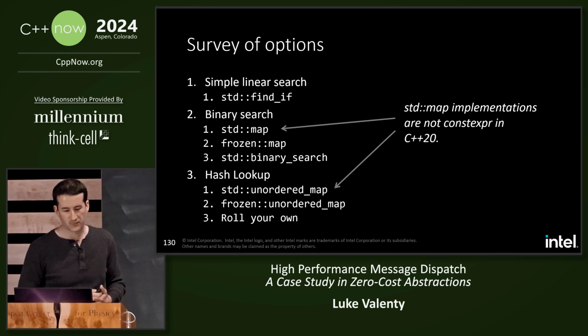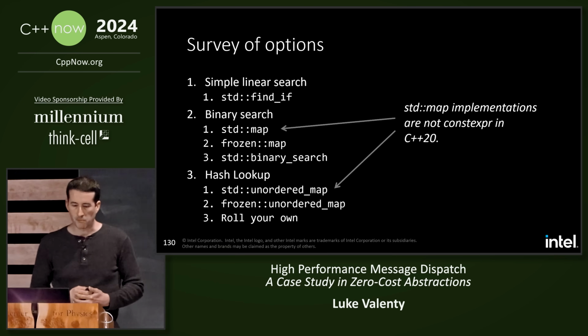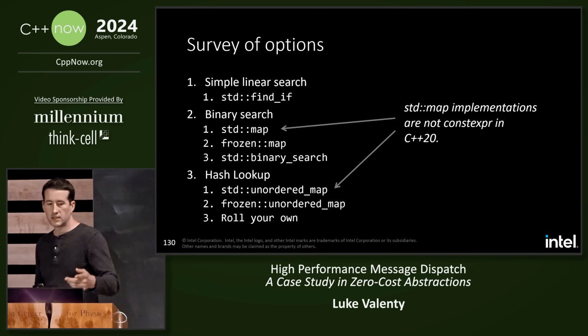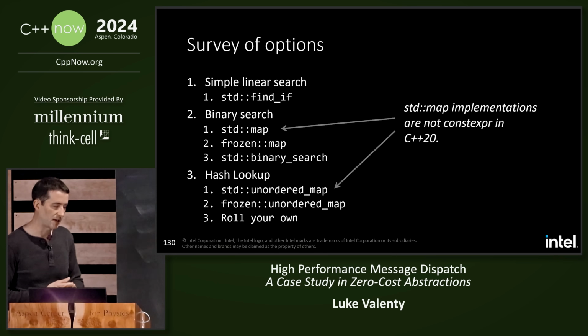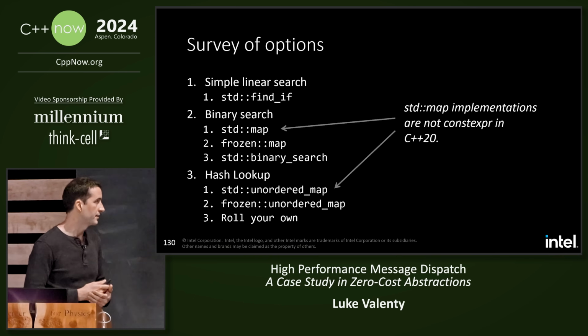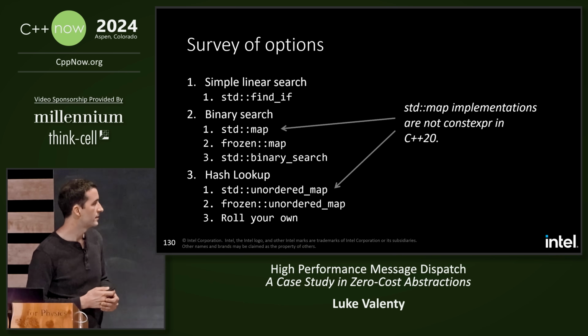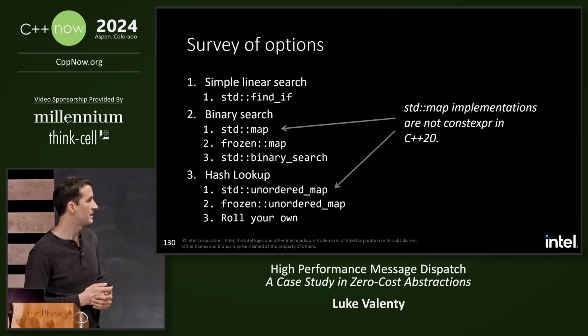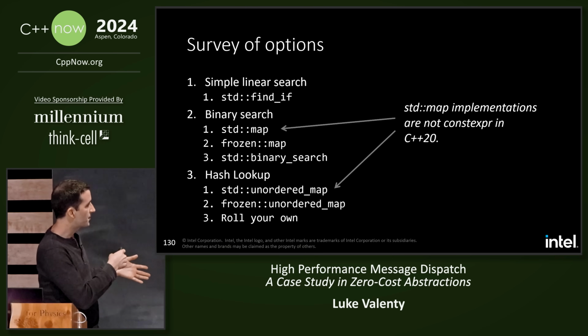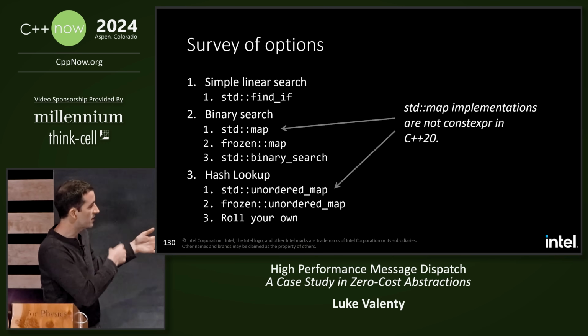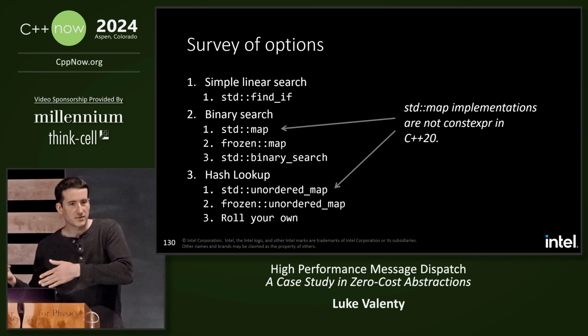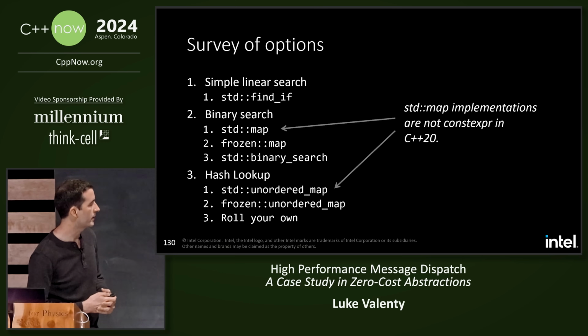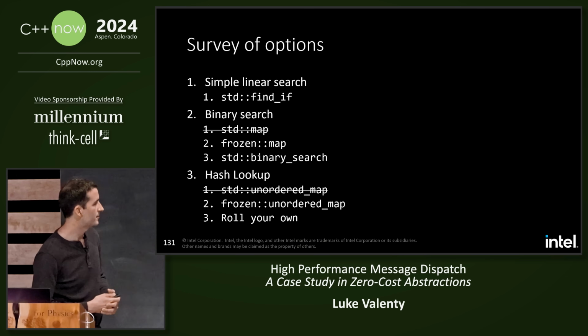Binary search is okay. Hash lookup is fantastic. The library implementations aren't constexpr in C++20, so we can't use them. Also, when they are constexpr, you build them in constexpr but can't get them out directly into runtime, which is awkward. So let's not consider them.